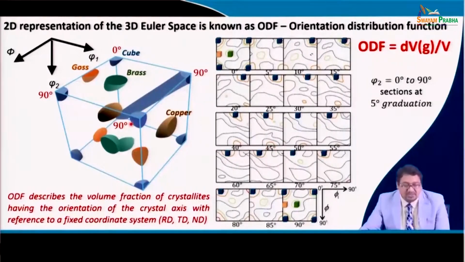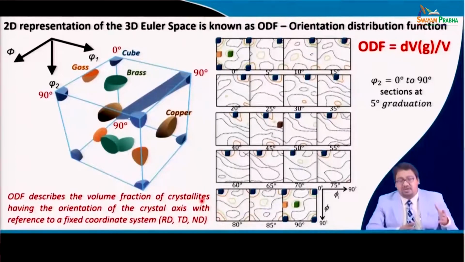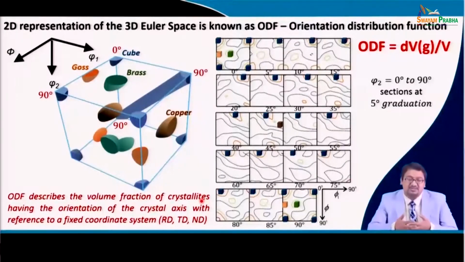Now, you see we can observe the copper components, which are present here, and so you see that one can distinguish more easily the various texture components or fibers that are present in the material using the ODF rather than using the Euler space, right. Because visualizing a 2D picture is much easier for us to perceive than 3D. So, we use the 2D ODFs to observe the texture, not the Euler space most of the time.